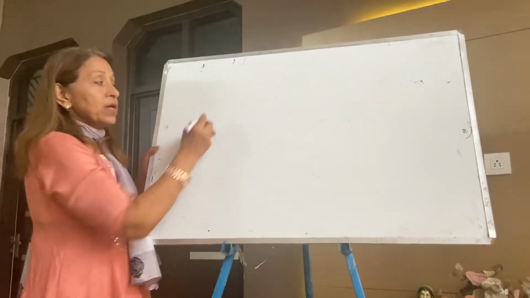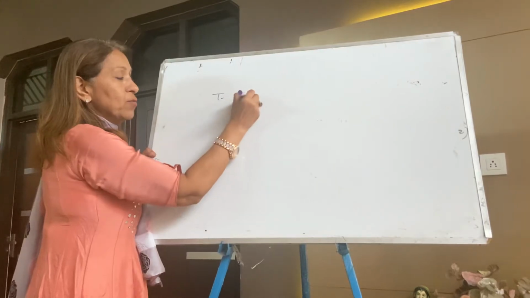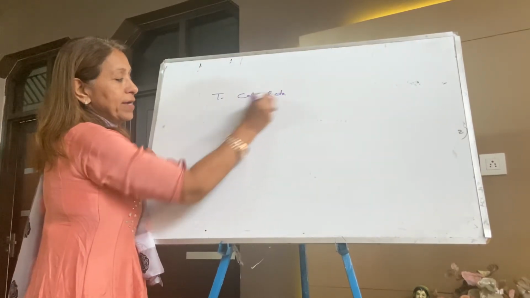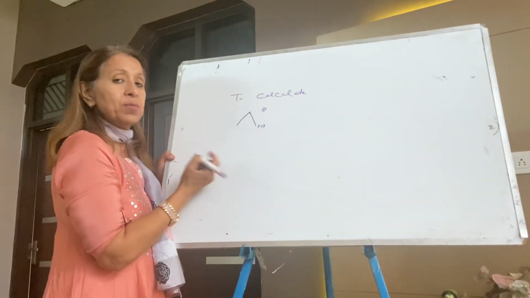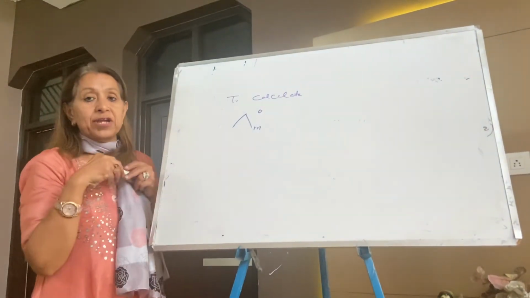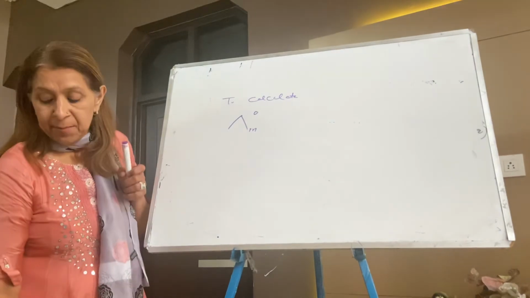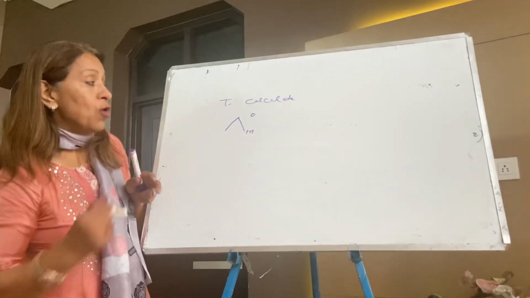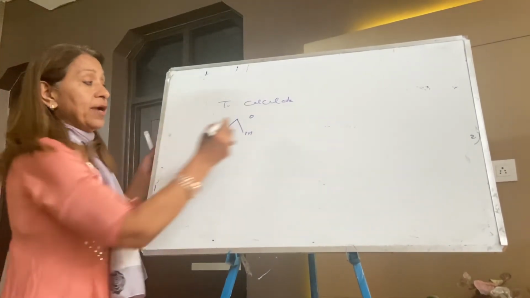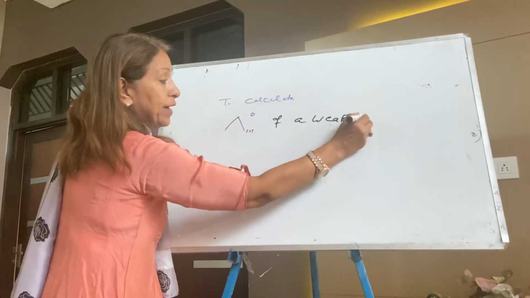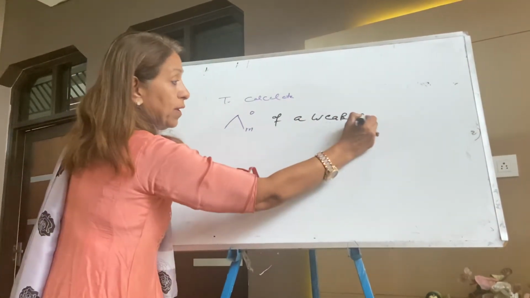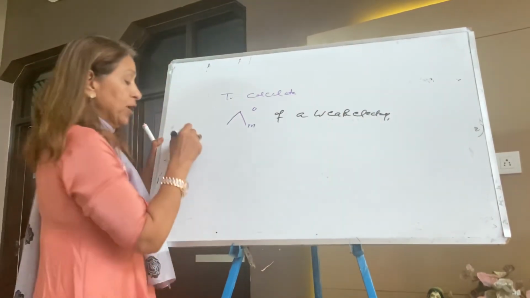Last line, write down: to calculate lambda m naught, you may call it naught or infinity, of a weak electrolyte, this graph is not suitable. There is a law invented.